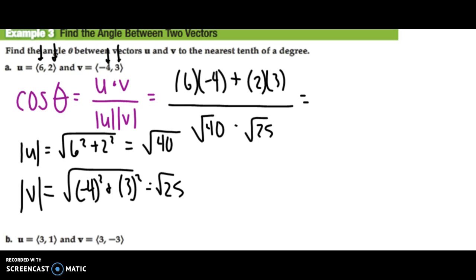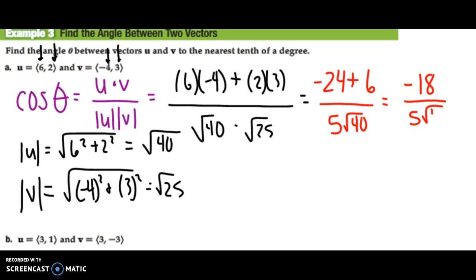So continue on. 6 times negative 4 is negative 24 plus 2 times 3 is 6, all over the square root of 40 times the square root of 25, which is 5. So this is 5 square roots of 40. We end up getting negative 18 over 5 square roots of 40.